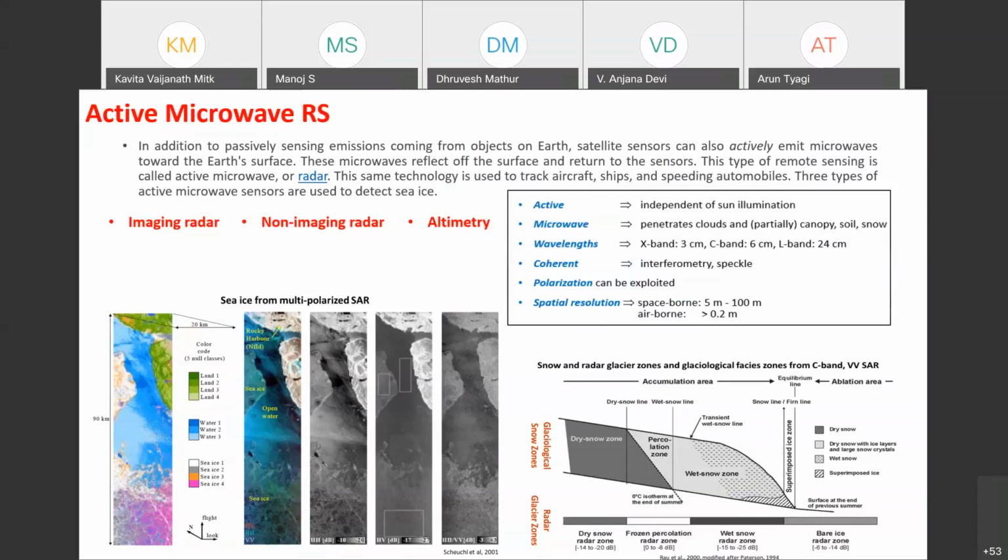This same technology is being used to track aircraft, ships, and speeding automobiles. There are 3 types of active microwave sensors, which are imaging radar, non-imaging radar, and altimetry. So we'll see one by one what all of these define.